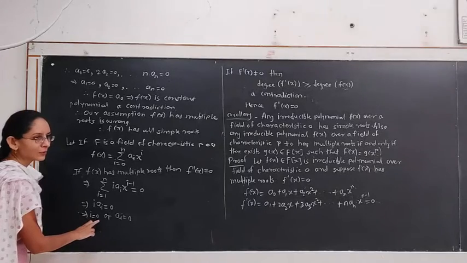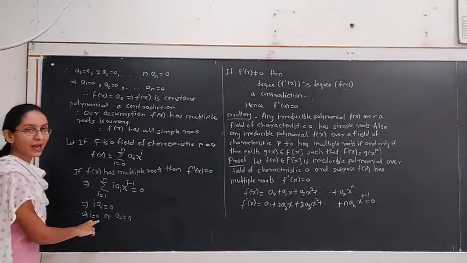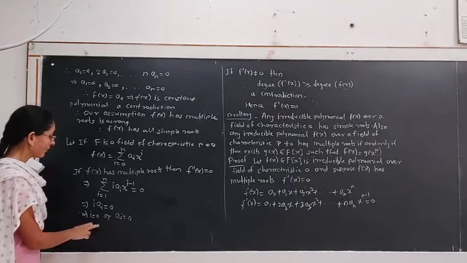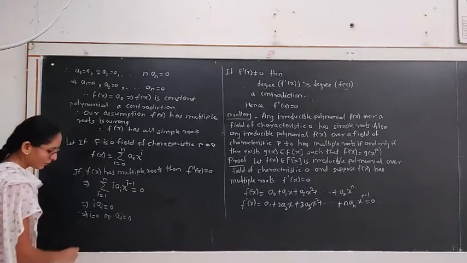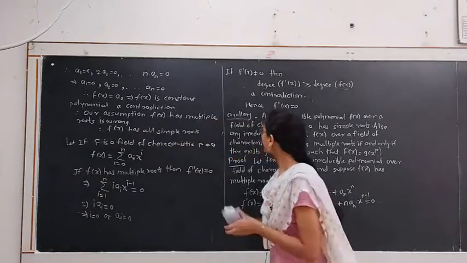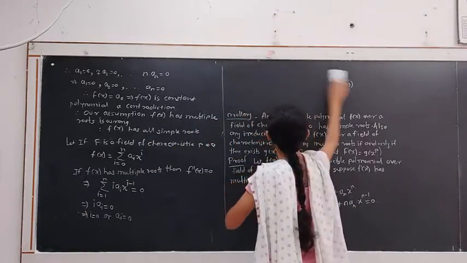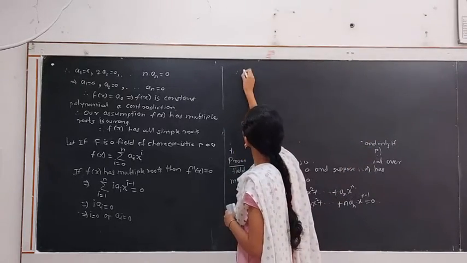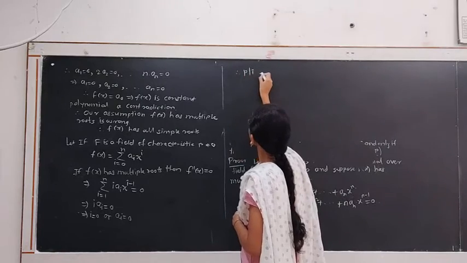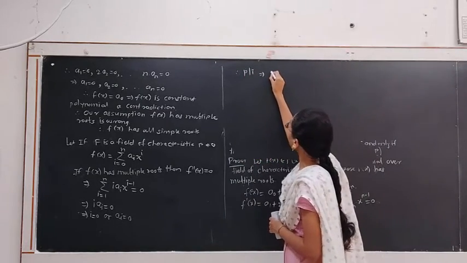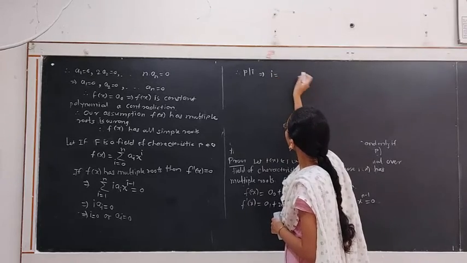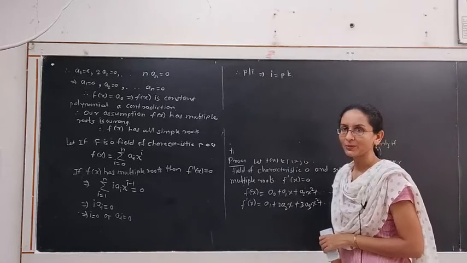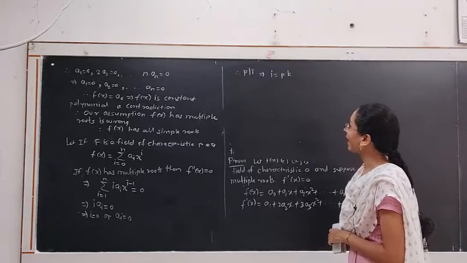If i is equal to 0 in the field, then we must have p divides i, because p is the characteristic of field F. This implies i is some multiple of p. I suppose p into k. I is an integral multiple of p because p divides i.